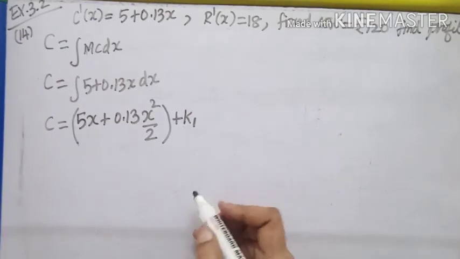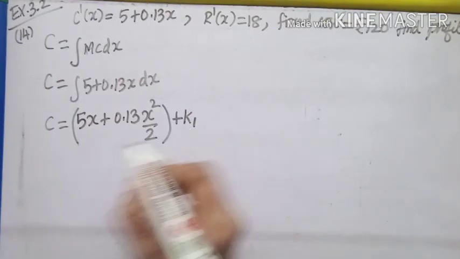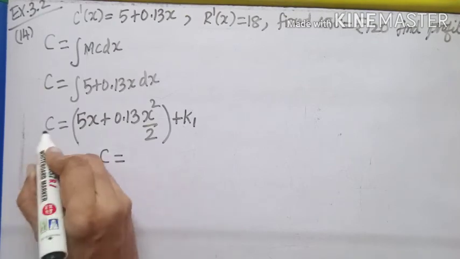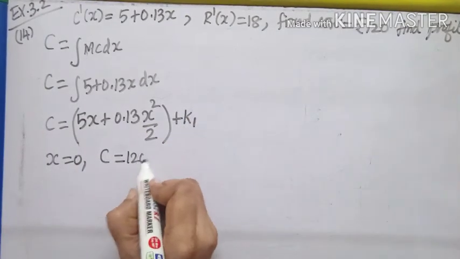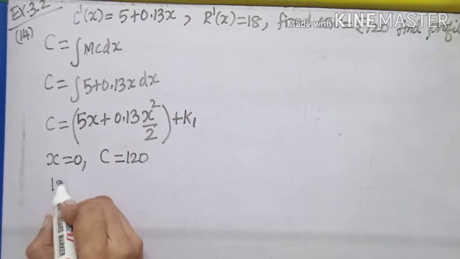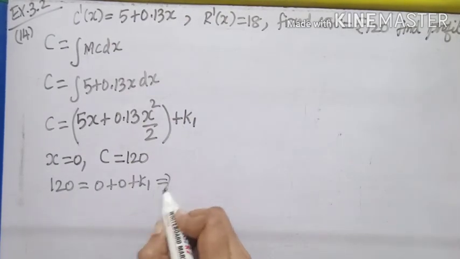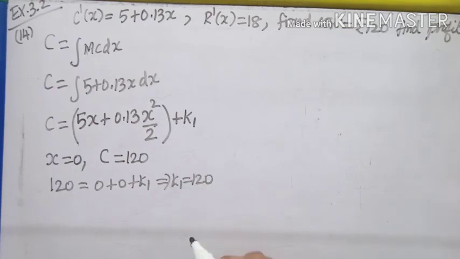Let me put k1. To find the constant, let us use x 0, which means we get the fixed cost 120. Putting it here, 120 equals 0 plus 0 plus k1. So k1 equals 120.